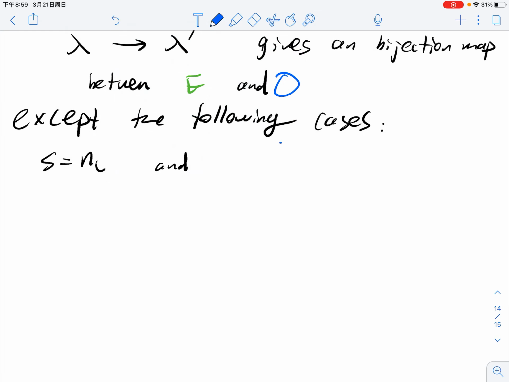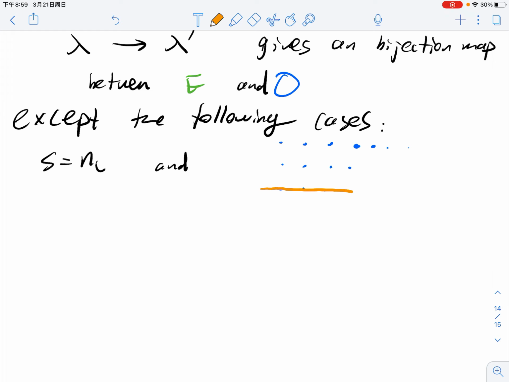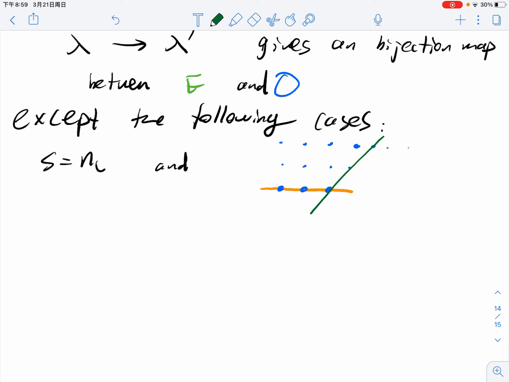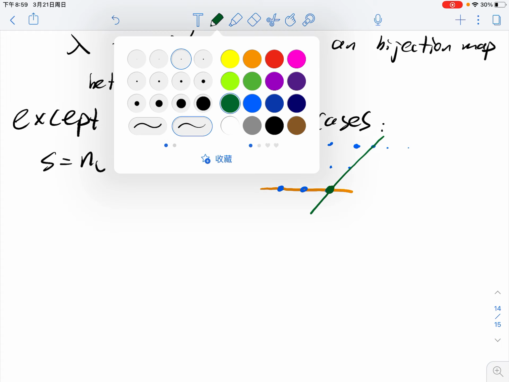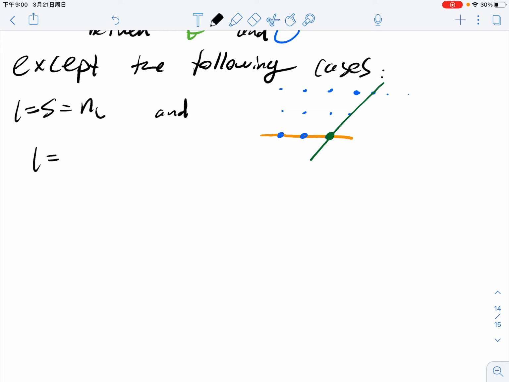let's see. And here, the last condition is a little bit involved, but I would like to try my best to state it clearly. So l equals ns equals nl.